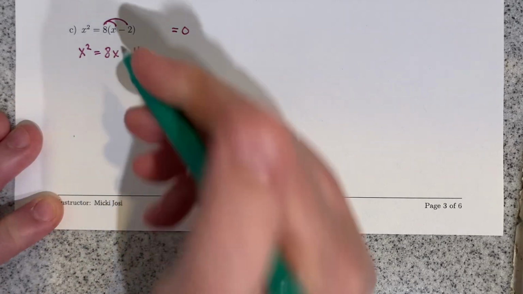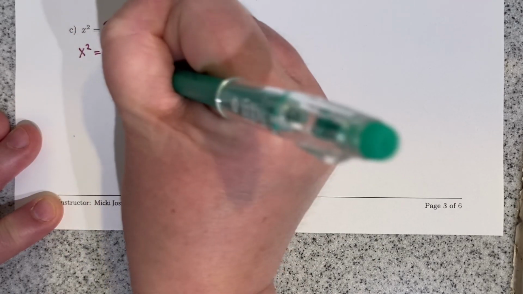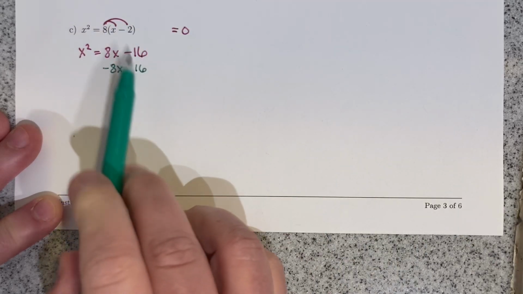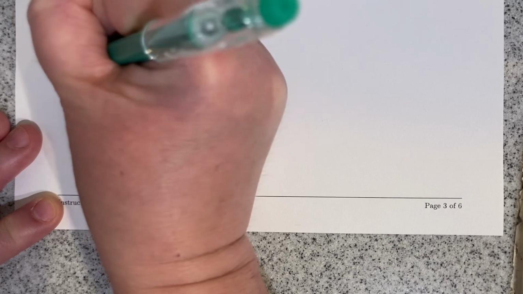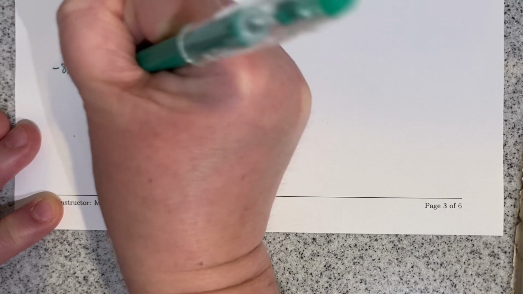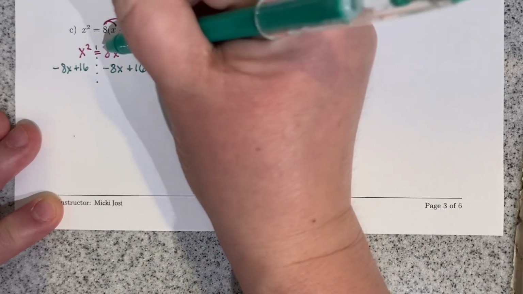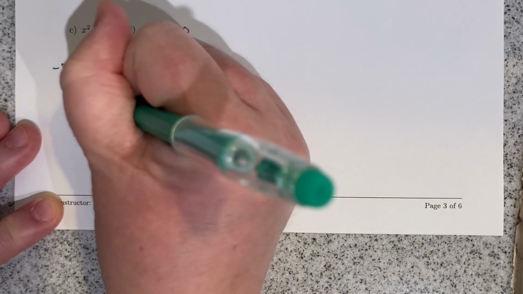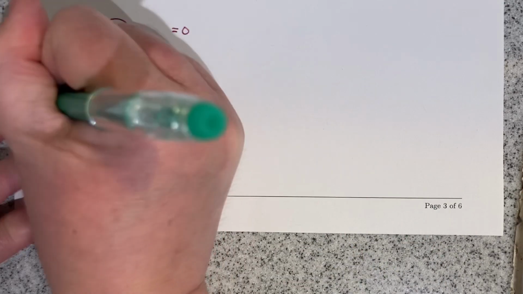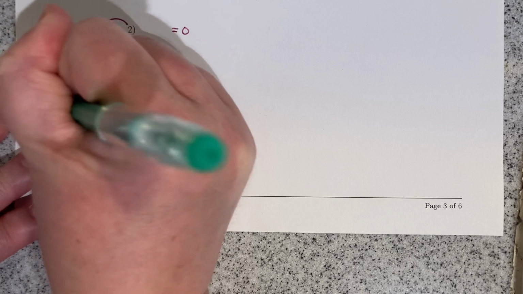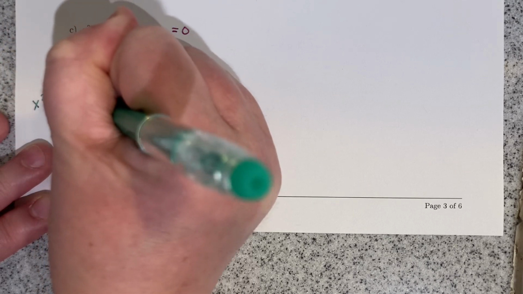So I'm going to move the 8x and the 16 and leave the x squared on its side. So minus 8x plus 16 on both sides of this equals. So these will cancel, and we'll get equals 0. And then on the left side, I get x squared minus 8x plus 16.